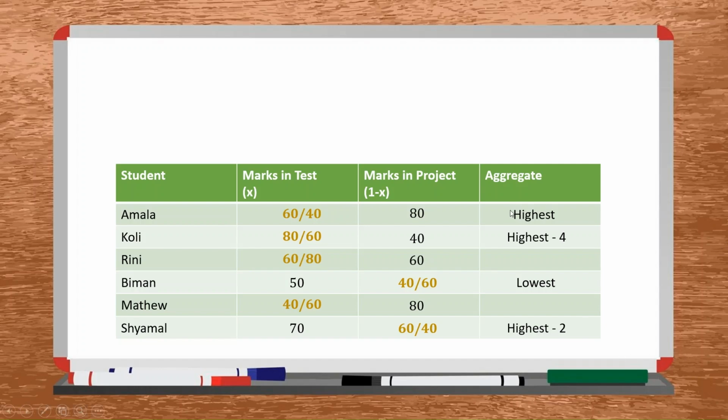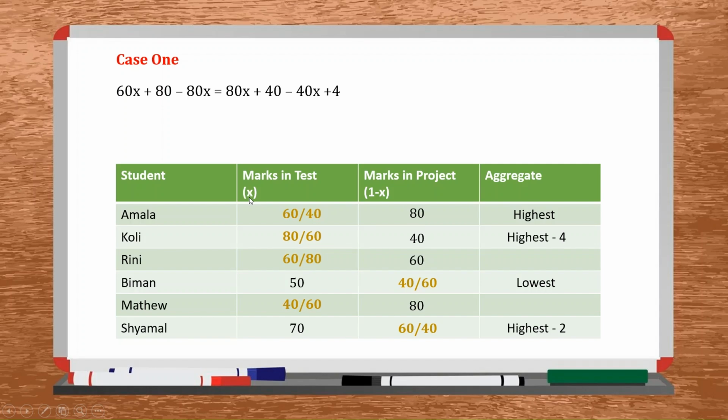Now, how can we find the value of x? Let's consider this particular equation. Case 1. There are two cases because there are two corresponding value sets that I have. So in case 1, Amla has 60 marks in test. In that case, if I use this particular equation between Amla and Kohli, then what kind of equation do I get?